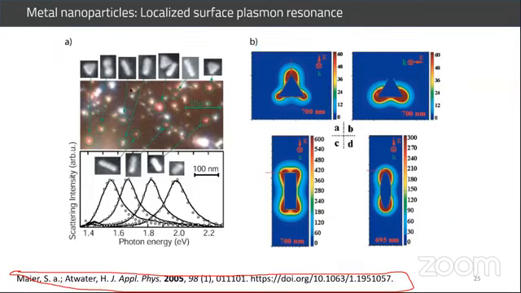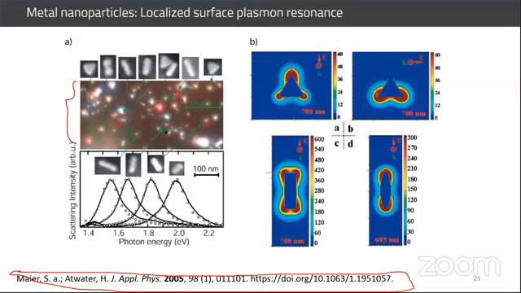This picture is taken from a microscope in a lab, where you see all these circles are diffraction limited images of metal nanoparticles.